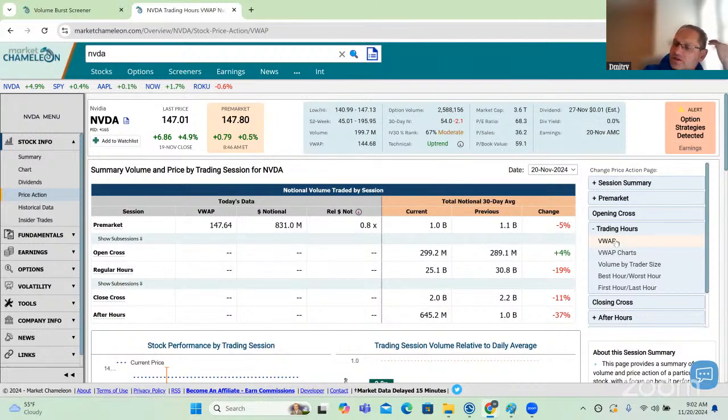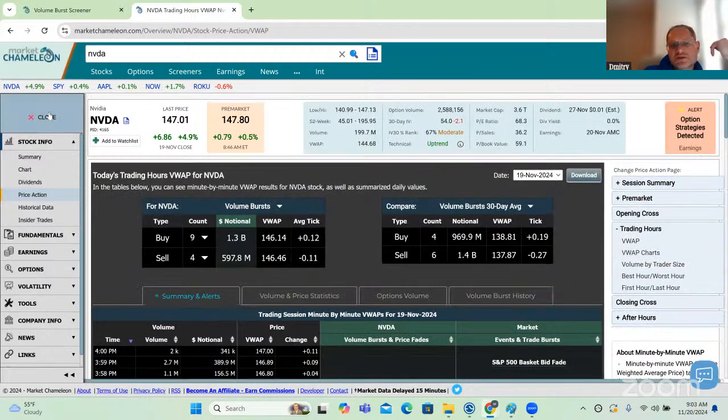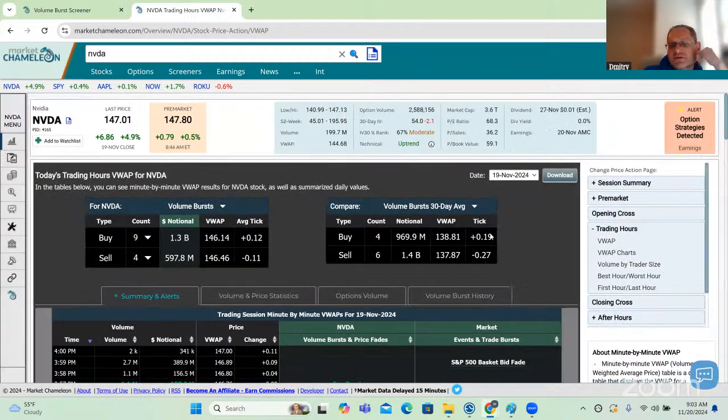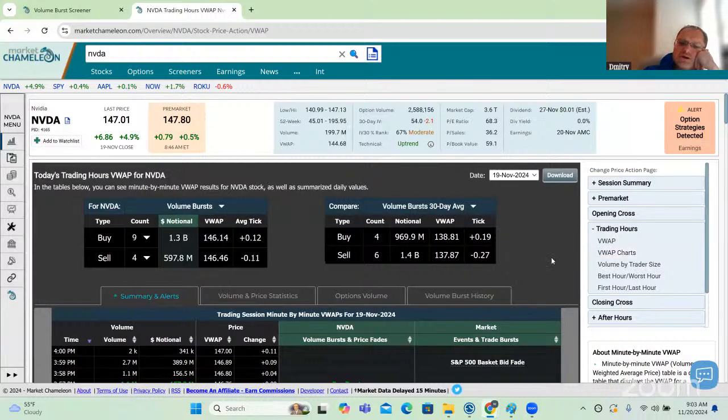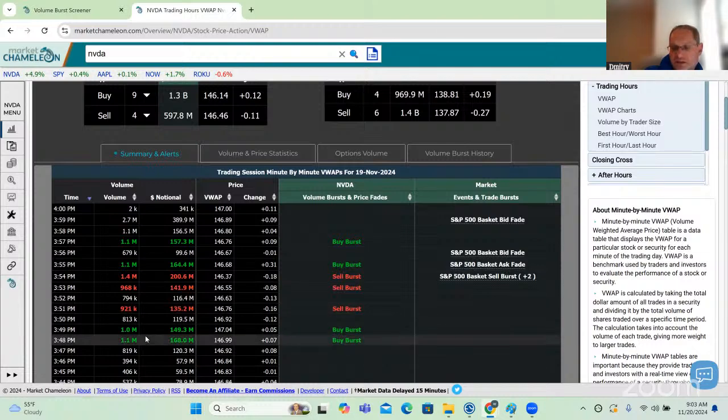What this VWAP table does is, let me just close this menu to the left to expand our screen. The VWAP table produces summary statistics minute by minute.